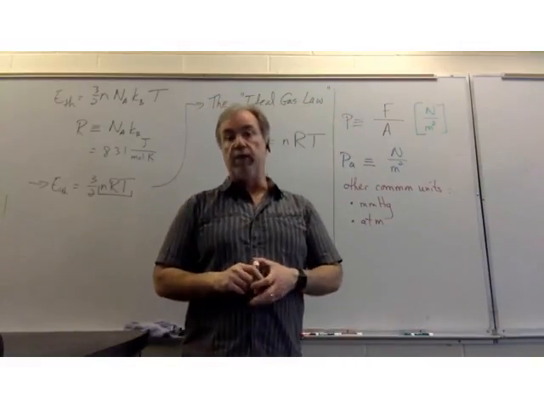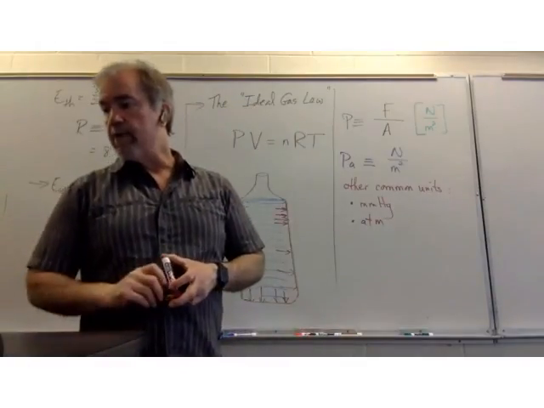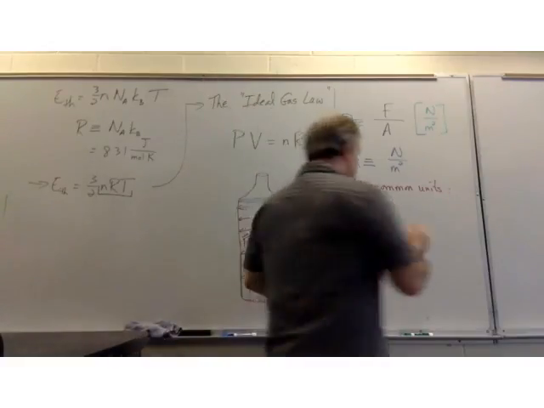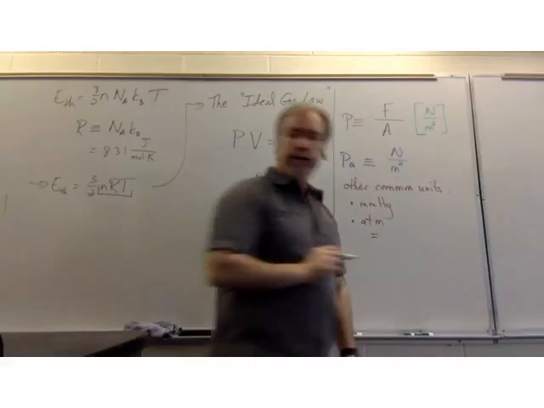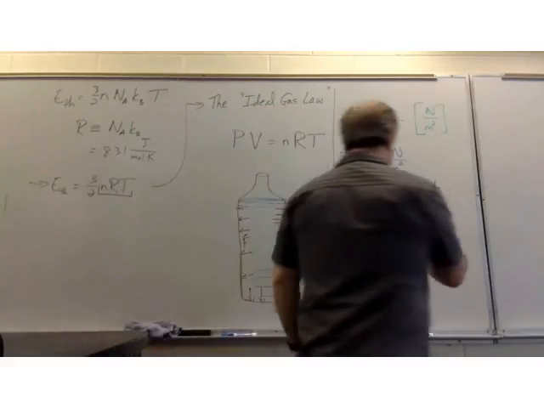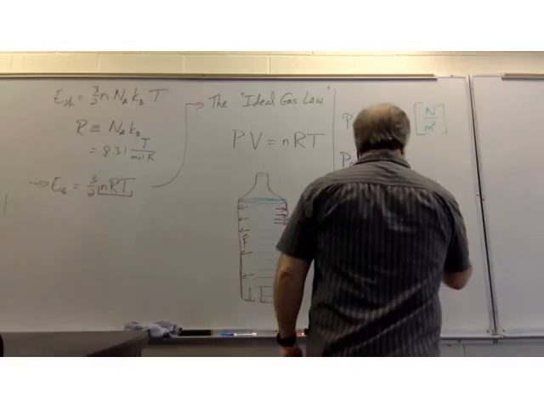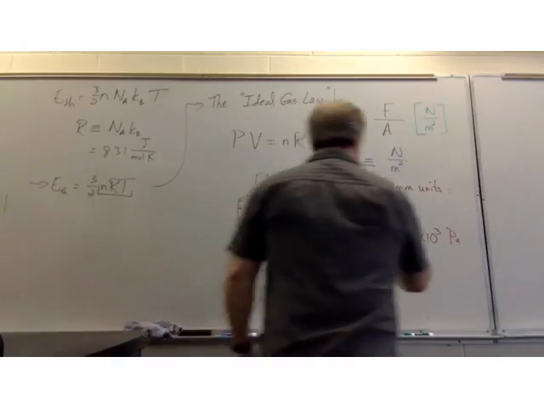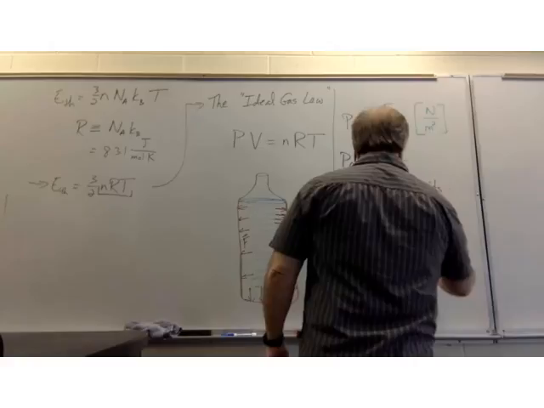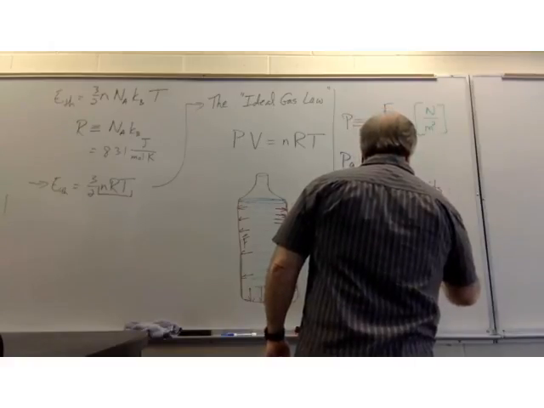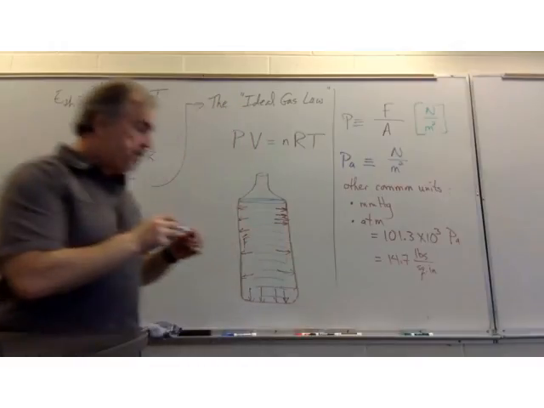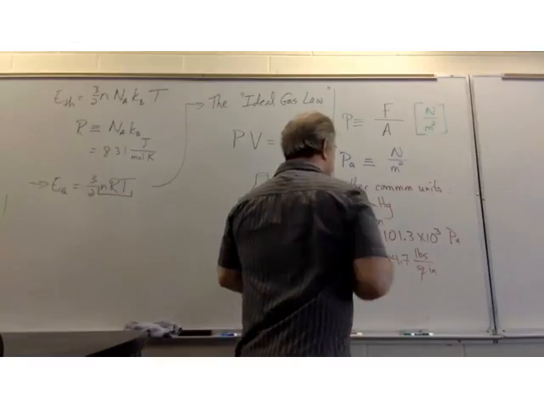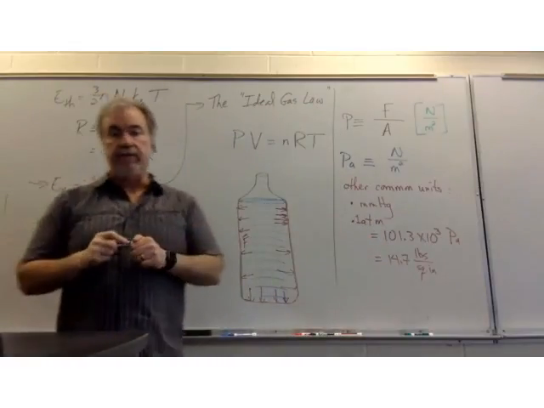In the U.S. system of units, let's see, well, no, actually, I do remember. 1 atmosphere in pascals is 101.3 times 10 to the 3 pascals. And in the U.S. system of pressure, that's about 14.7 pounds per square inch. So that might give you a sense of the pressure that the atmosphere puts on you.